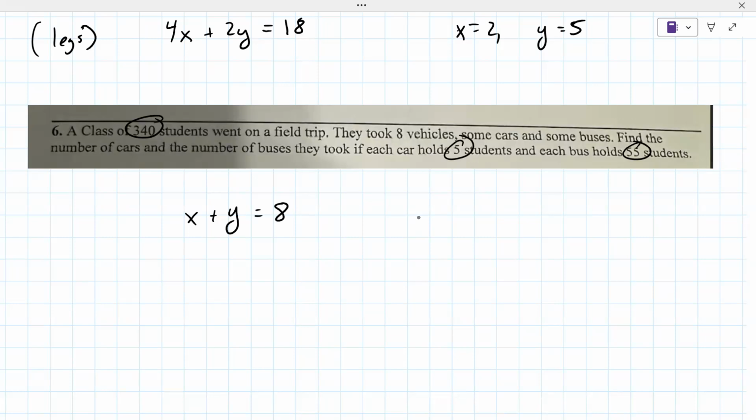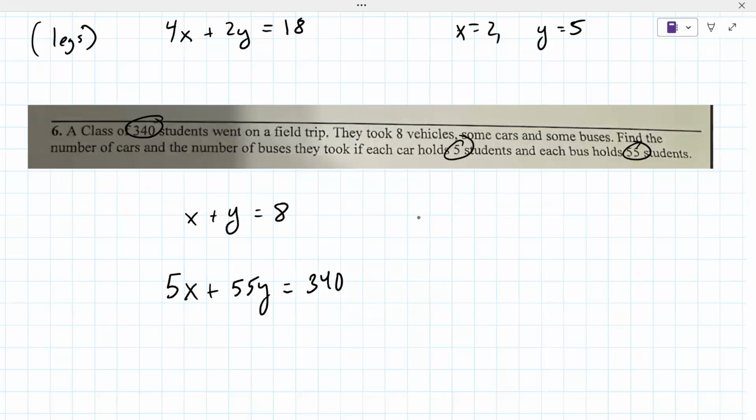Okay. 5c plus 55b equals 3. So maybe 5x plus 55y equals 340. Yep.